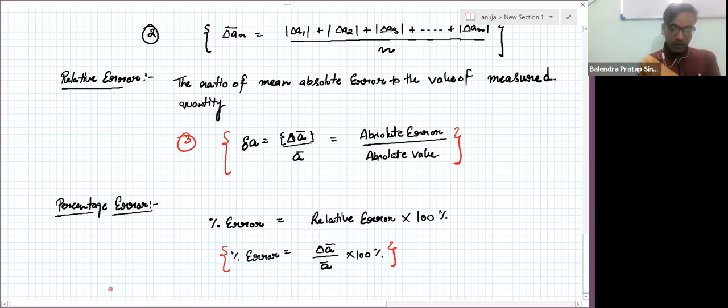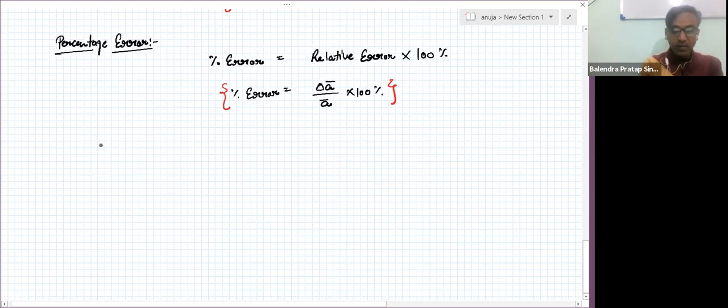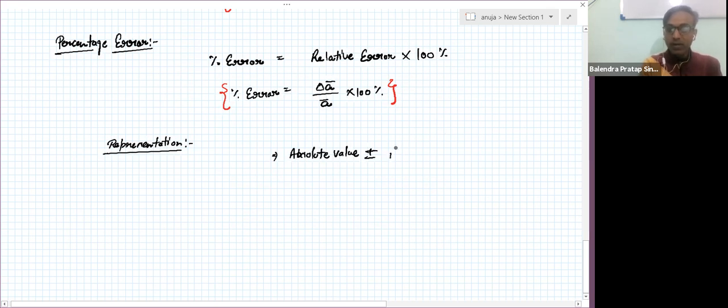One more thing: what is the representation of writing an error, the correct way to write it? Suppose you find some absolute value, then you write absolute value plus or minus absolute error.